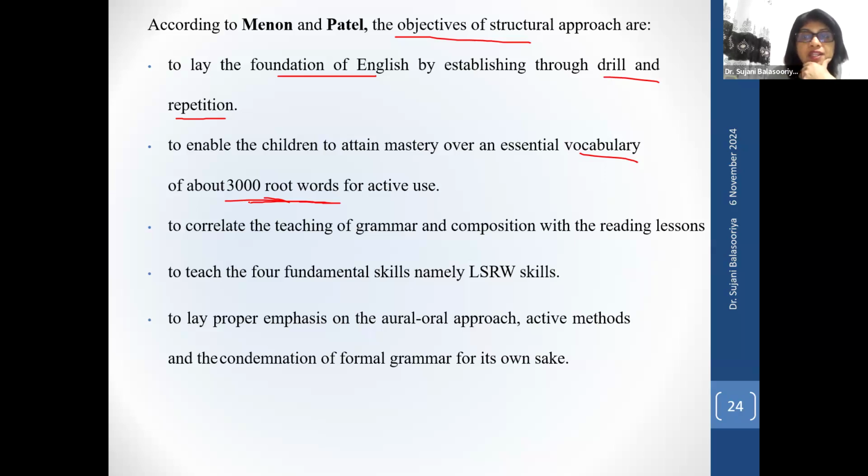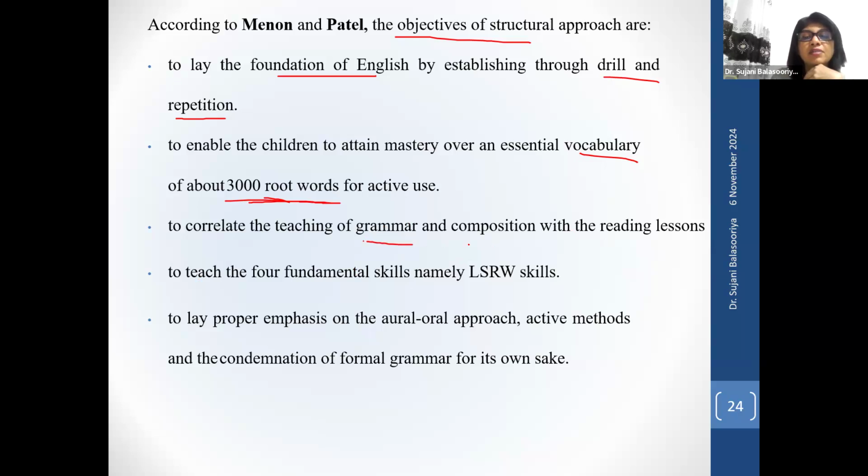So you can understand the nature of the vocabulary that is targeted to achieve by using the structural approach. 3,000 root words means so many more words than 3,000.